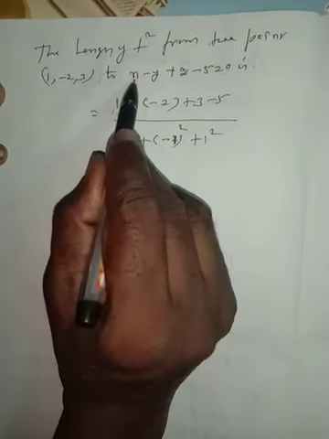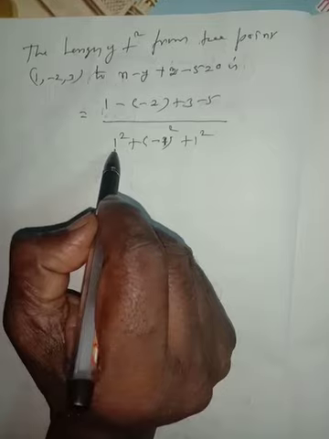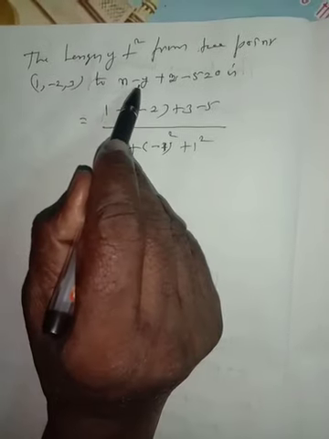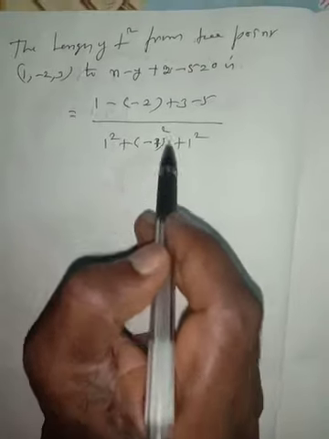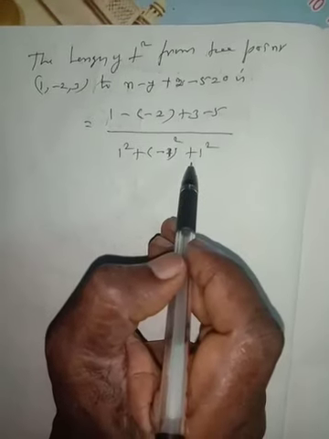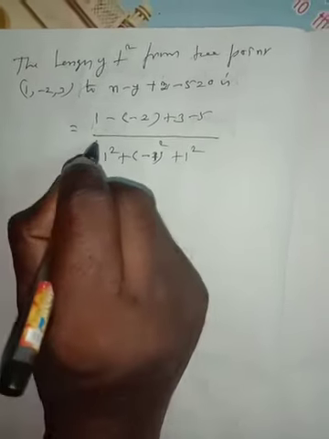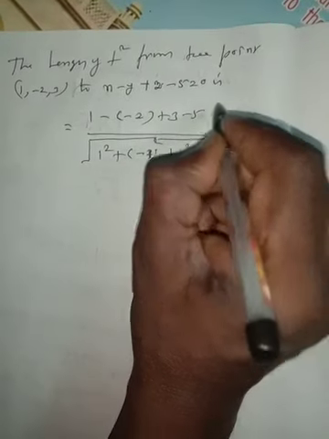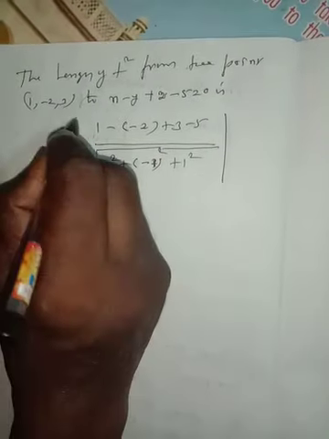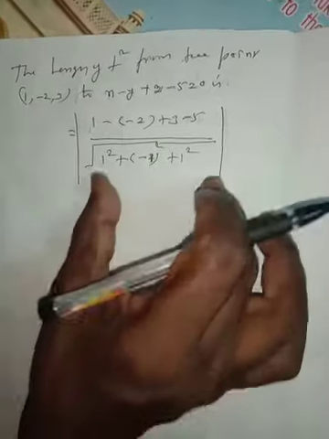Coefficient of x is 1, coefficient of y is -1, coefficient of z is 1, taking square root. Suppose the length is negative, we have to take the modulus.